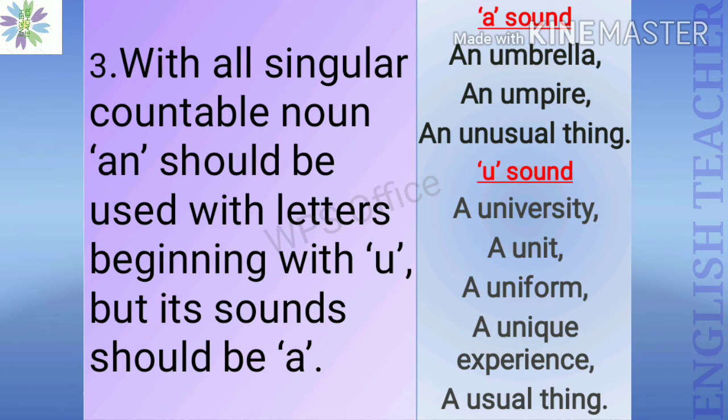Earlier we said that if the word begins with U and it sounds like A, an should be used. Examples are an umbrella, an umpire, an unusual thing. If the word starts with U and its sound is also U, examples are a university, a unit, a uniform, a unique experience, a usual thing.